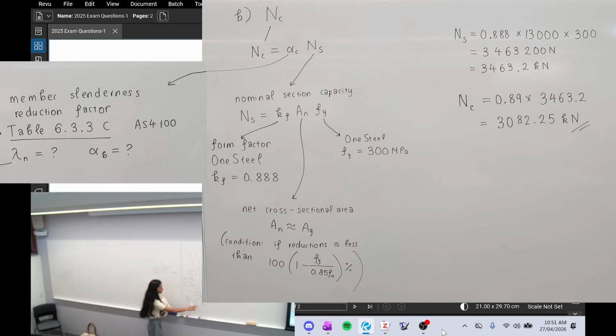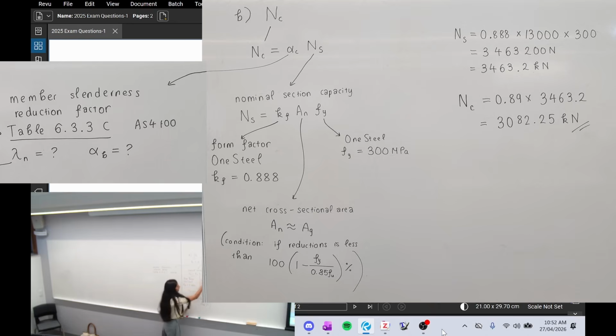So this is really easy. Both of these you can get from OneSteel, F subscript Y and F subscript U. You can just put this in your calculator super quickly, and if your reductions are less than this much percent, then you can just use this assumption. So for this question, it's fine. We can just assume that AN is approximately equal to AG.